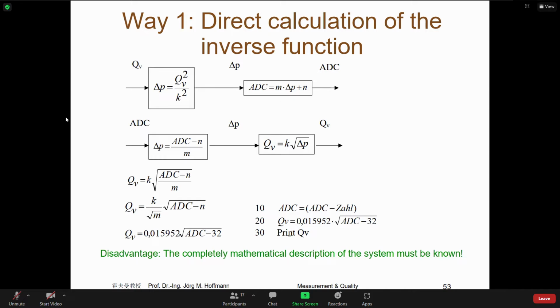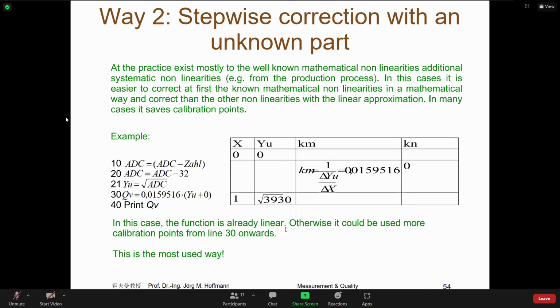So we look for a second way. We look for a second way that we say at first, we read the ADC number in. We set the 0 point to 0. That was the N. We take now the root of the ADC.